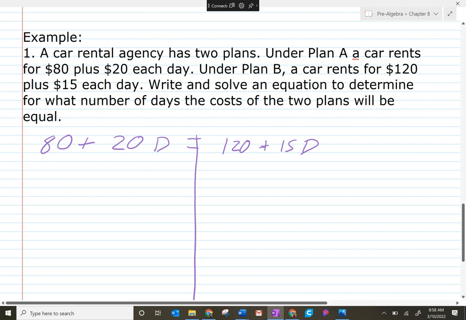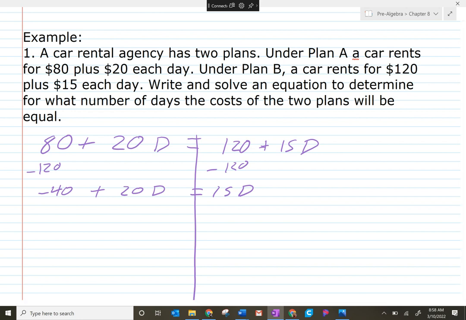Okay, what do you want to subtract? 120 or do you want me to subtract 80? Either way, I'm good. It'll work the same way. So minus 120 to both sides. I am left with negative 40 plus 20D equals 15D. Okay.